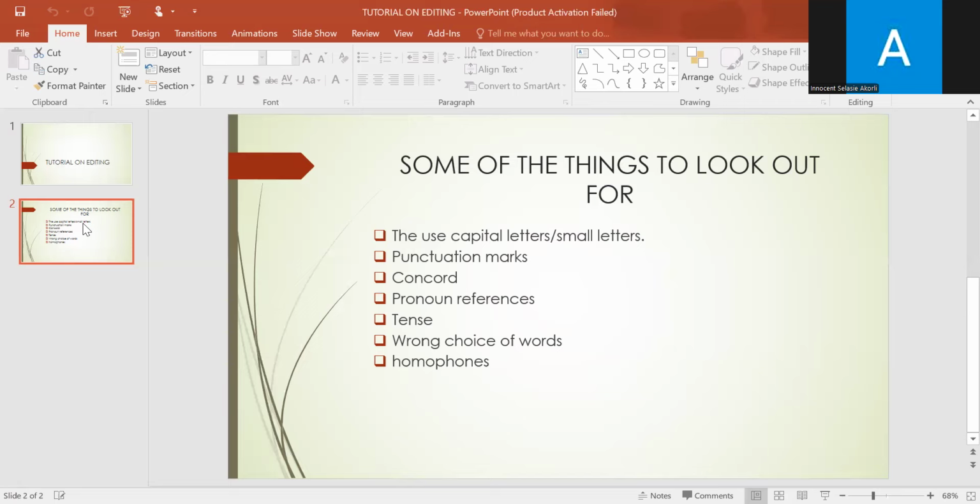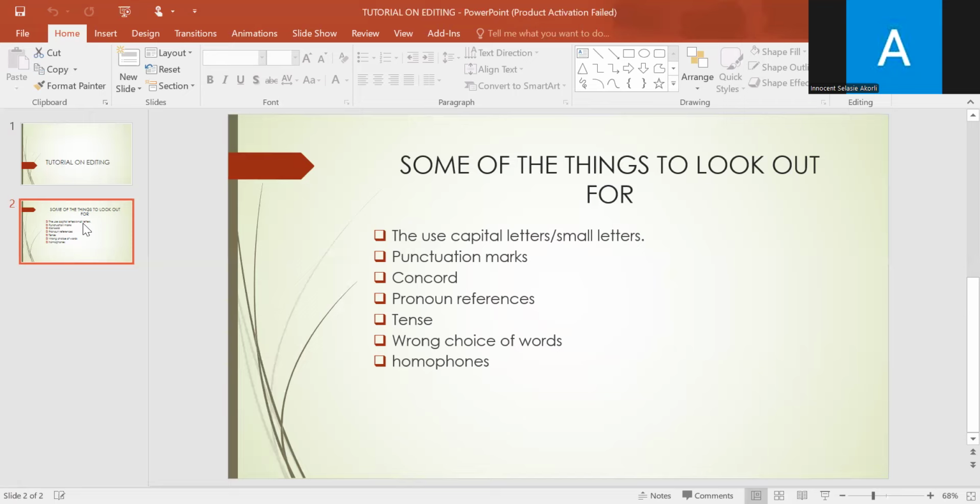So capital letters and small letters, check them. Then of course you have concord, subject verb agreement. We talk a lot about this in class, and we discuss a lot of things. We had a lot of exercises. I cannot go over all those things now. I think you have to visit the slides to refresh your mind on some of these things.